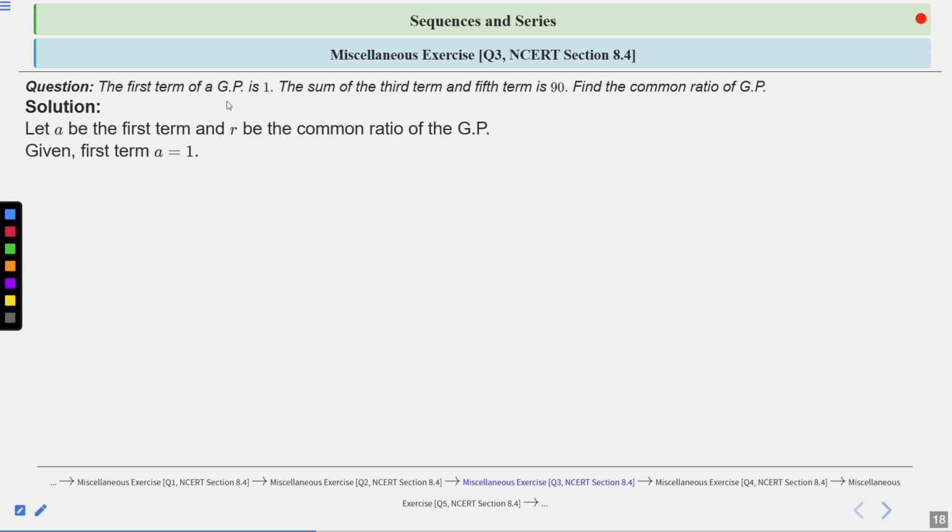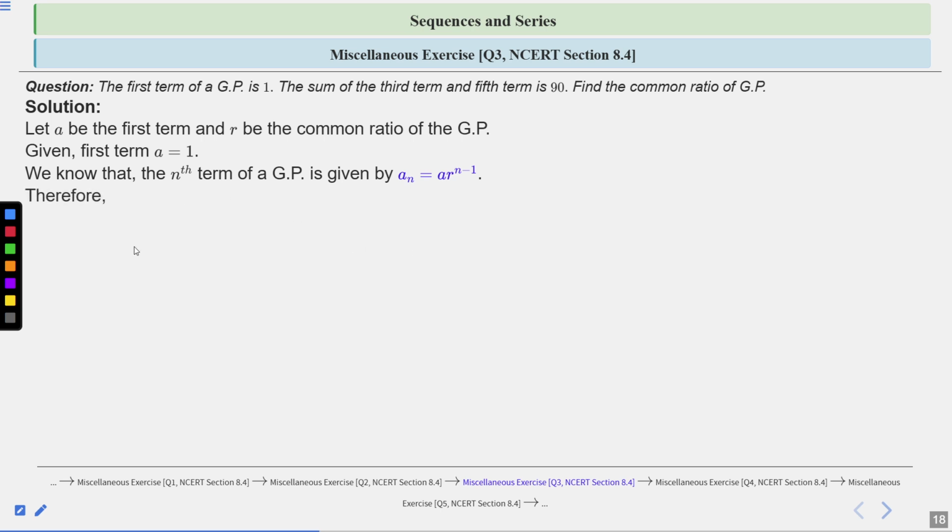Given that the first term a equals 1, and we also know that the nth term of a geometric progression is given by an equals a times r power n minus 1, where an represents the nth term, a denotes the first term, and r the common ratio.